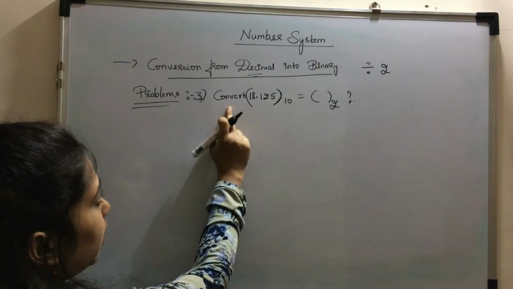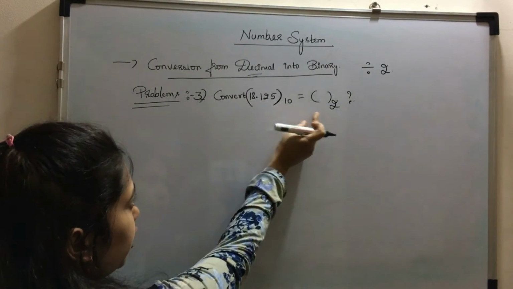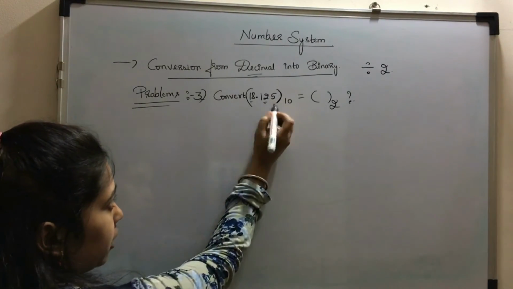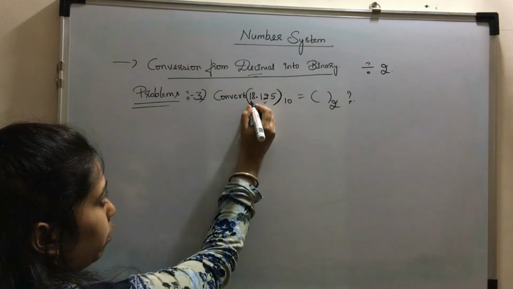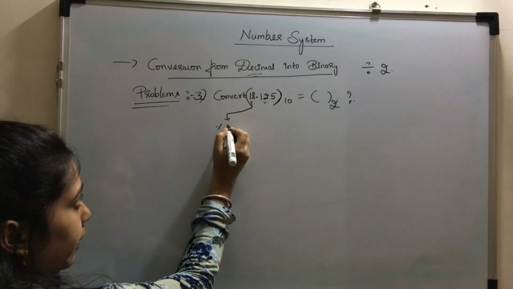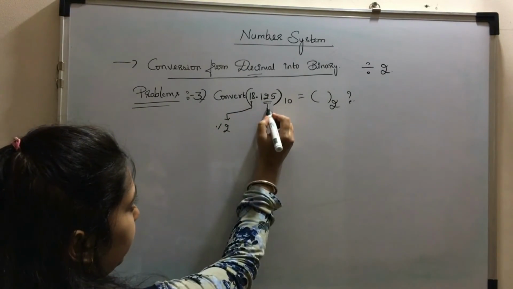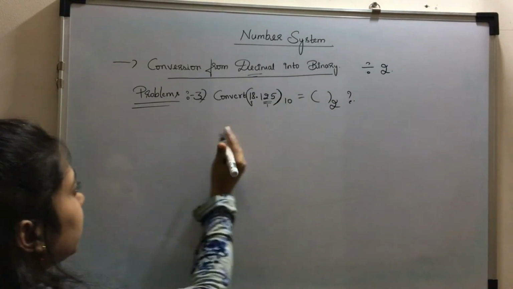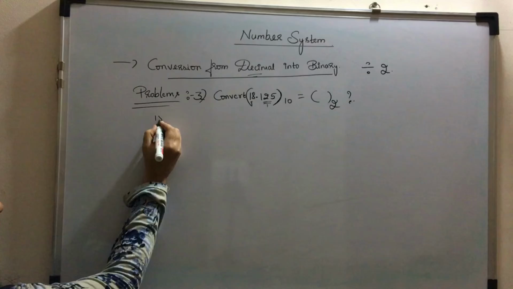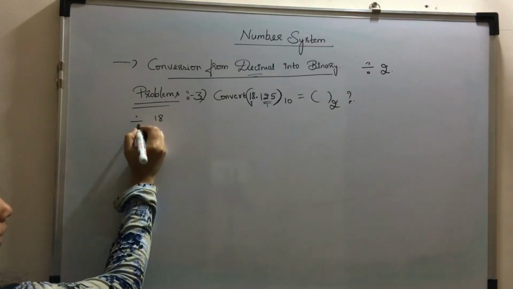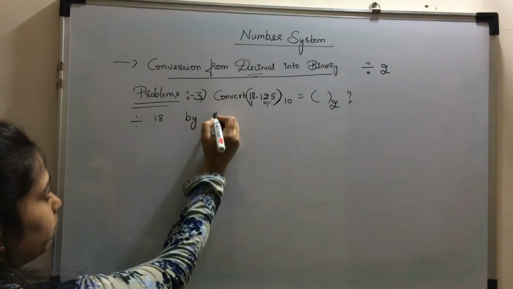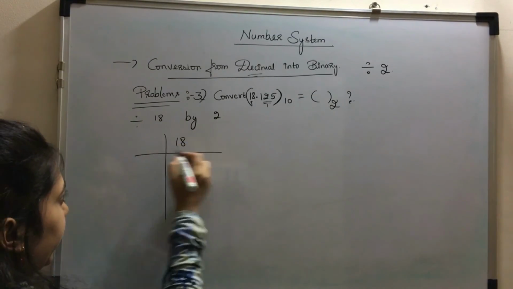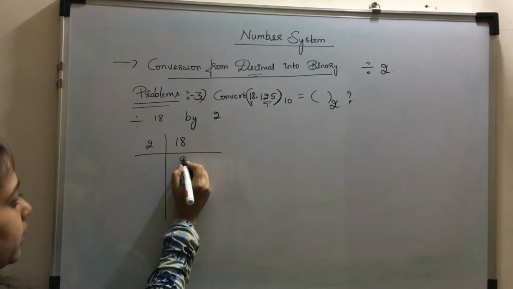So the next question is convert 18.125 base 10 to binary. Here we have integer part and also the fraction part. So first we have to divide this integer part by 2 and then we have to multiply this fraction part by 2. So first we have to divide 18 by 2. 2 9s are 18, right?